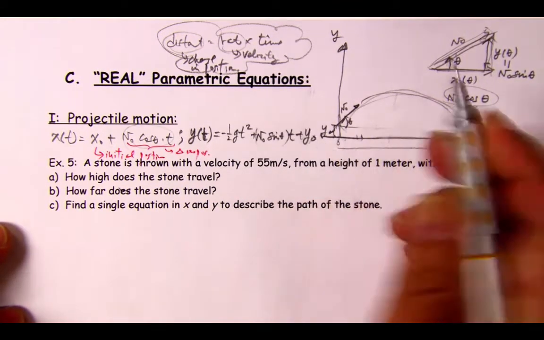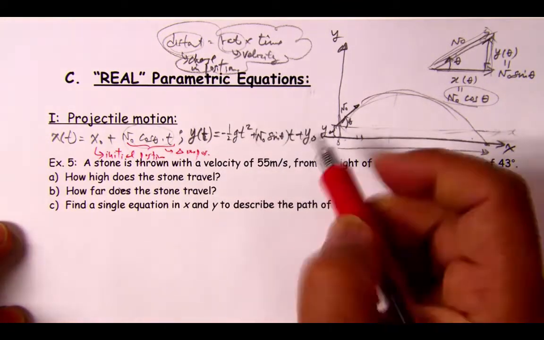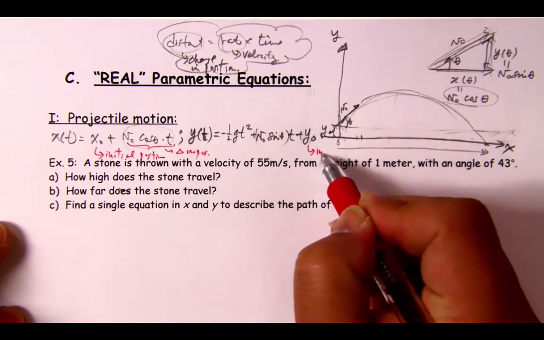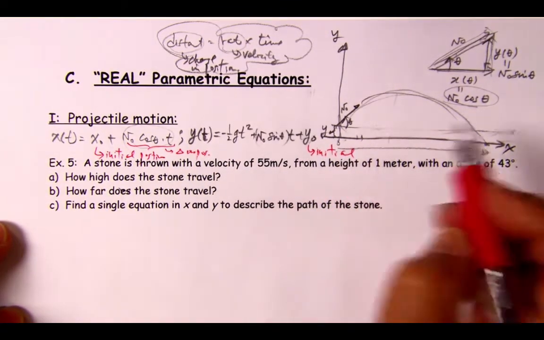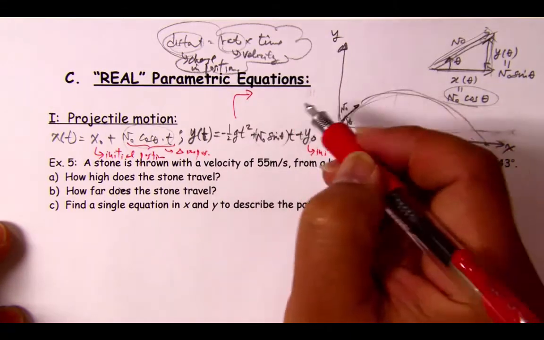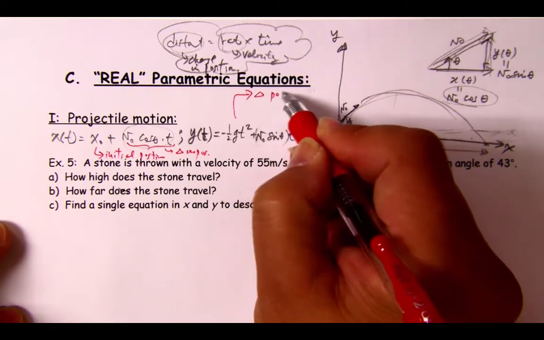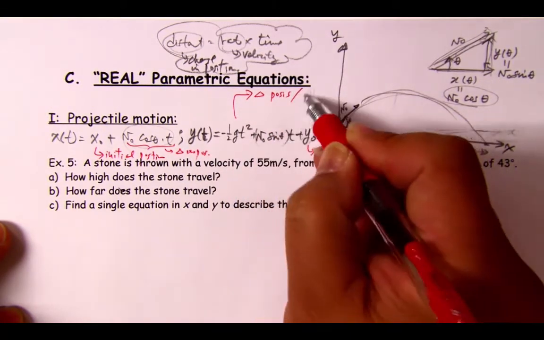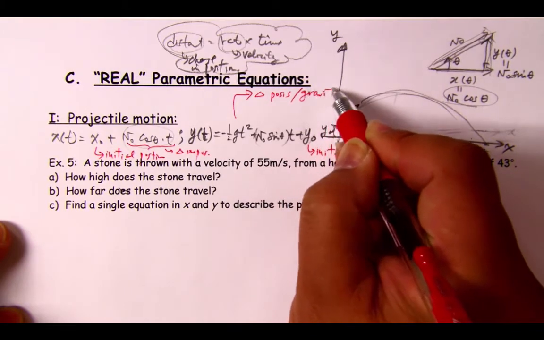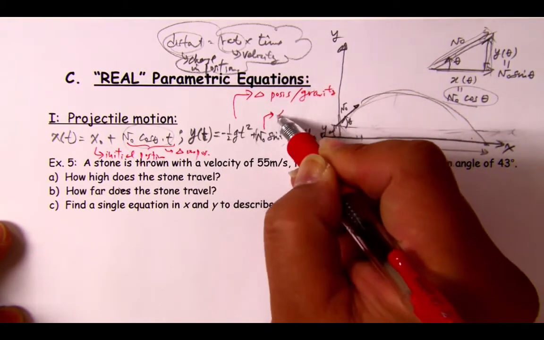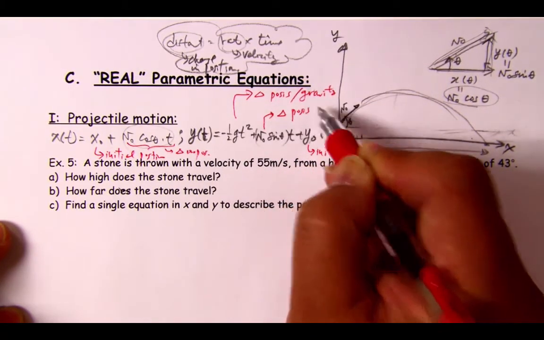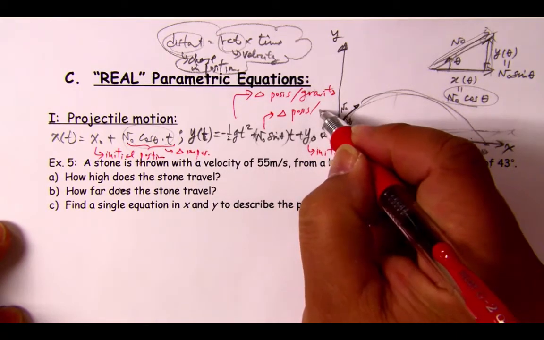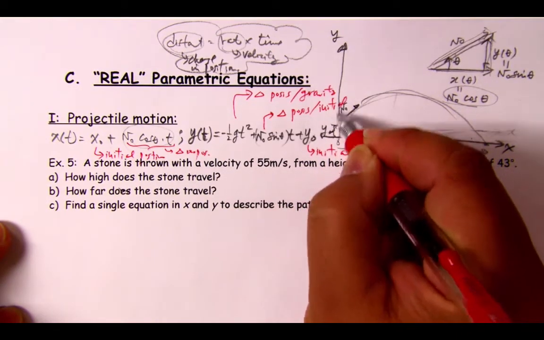Why not? So this part right here is the initial position in the y direction. This is the change in position caused by gravity. This right here is the change in position caused by the throw, the initial velocity.